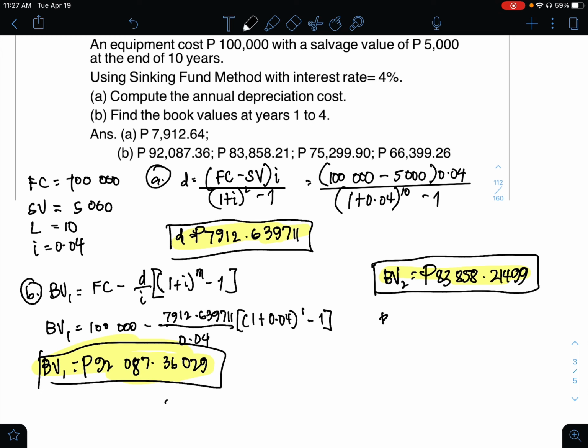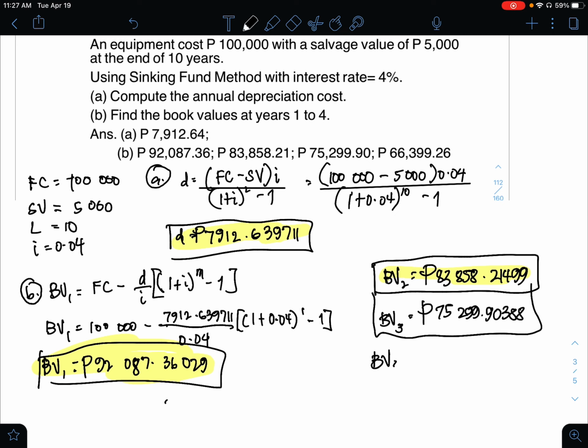Okay, for BV3, change the power into 3. So BV3 is equal to, just change the M into 3. So that's 75,299.90388.